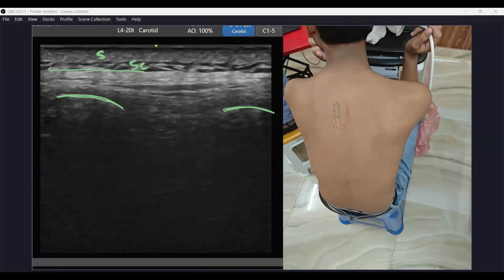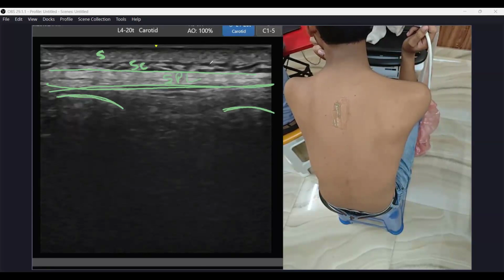What is this white thing? Anyone have any idea? Ligament. Supraspinous ligament. Okay. After that, of course, these are the interspinous ligament.